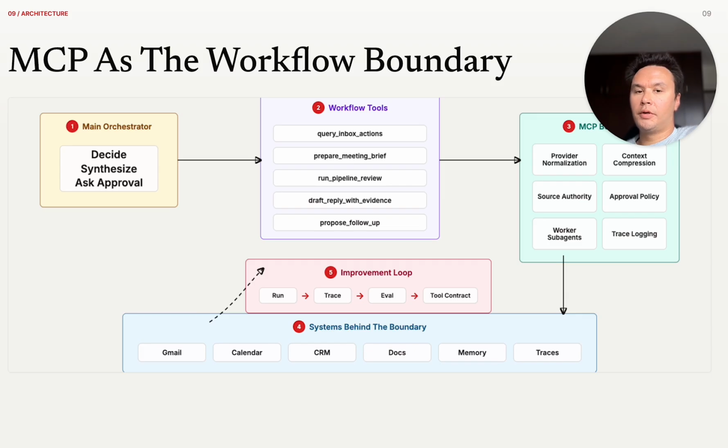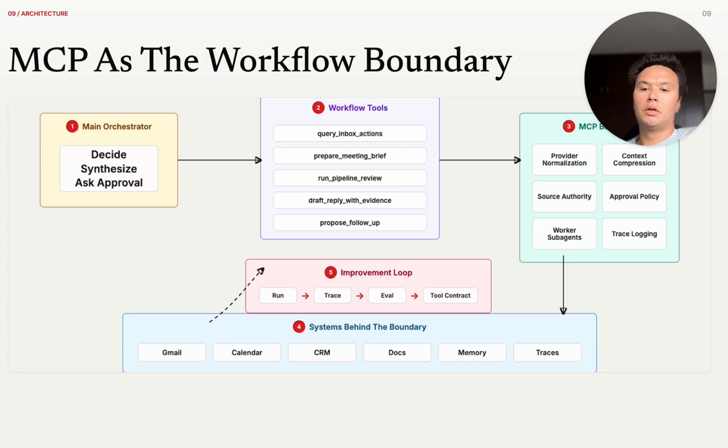So let's pull all of this together. Again, MCP gives you tools, resources and prompts. Production workflows usually need all three. And the MCP server is the right home for a surprising amount of operational knowledge. Source authority lives there, permissions live there, provider normalization lives there, context compression lives there, pagination defaults live there, evidence, approval gates, trace logging, eval hooks, you name it.